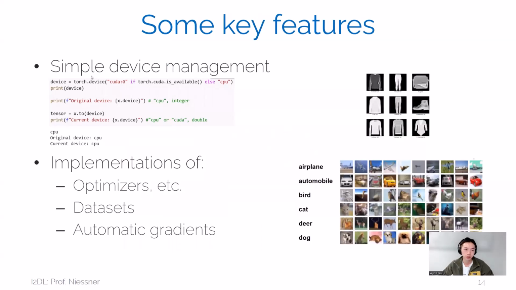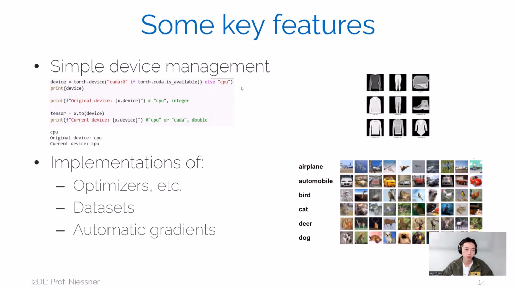Okay, so here are some key features you need to know. First of all is simple device management. Here we import PyTorch as torch. You can check whether the GPU is available or not. That means your device for your current training project or task is either GPU or CPU.